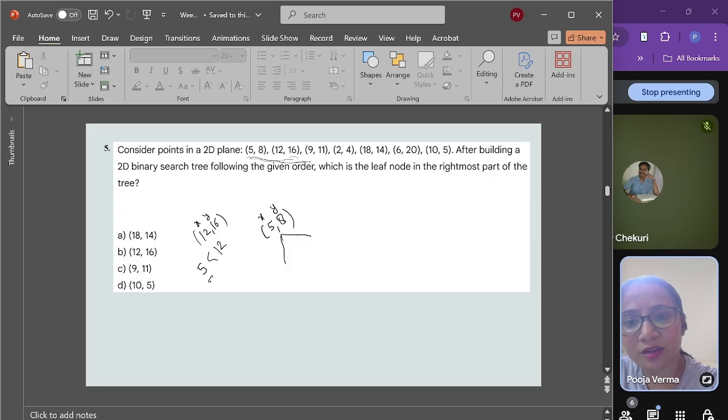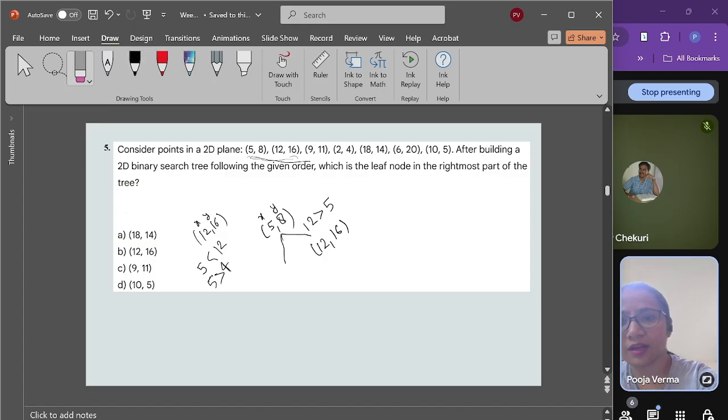If the value were, let's say, 4, it would go to the left of the root node. Here the next point is 12, so it goes on the right side. So we write 12, 16. 12 is greater than 5, so it goes to the right.